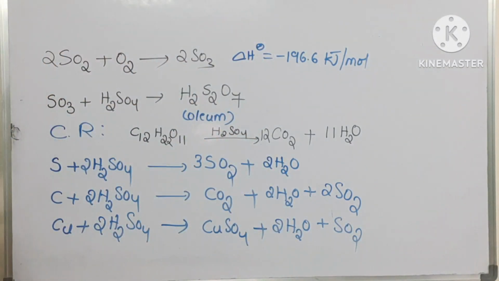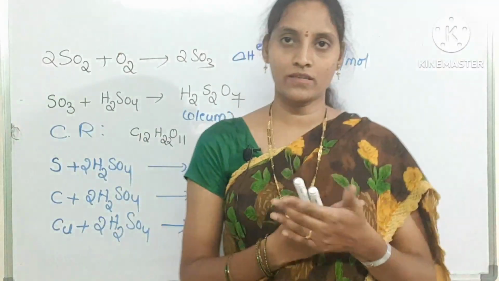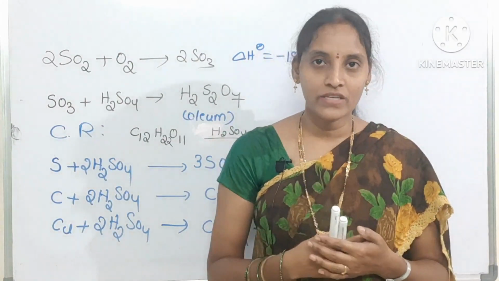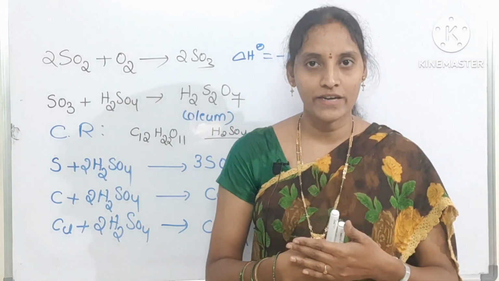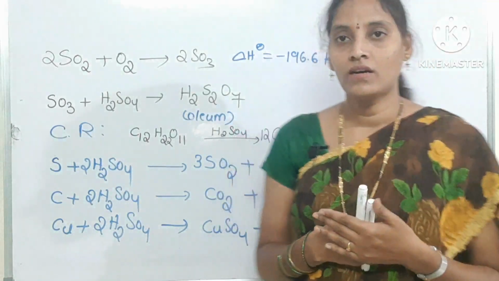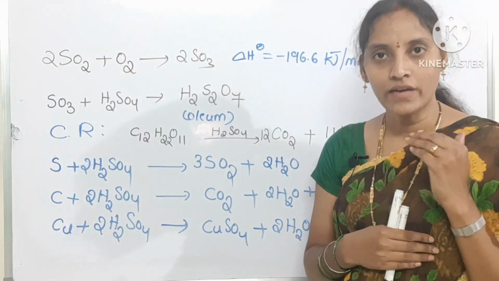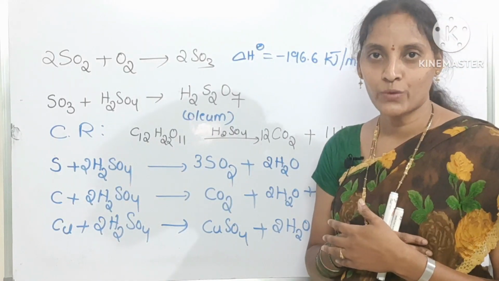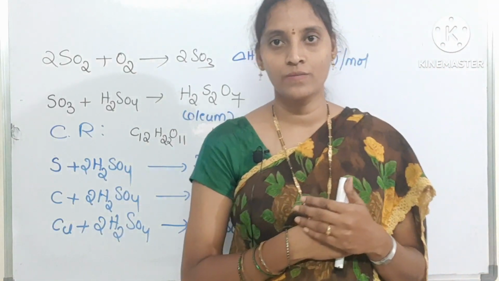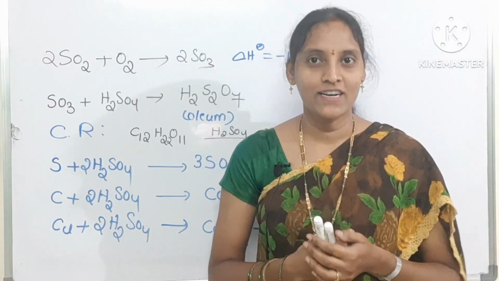First we discussed ozone, then allotropic forms, then sulfur dioxide, then oxoacids of sulfur, and then sulfuric acid preparation methods and properties. I think you all understand it.